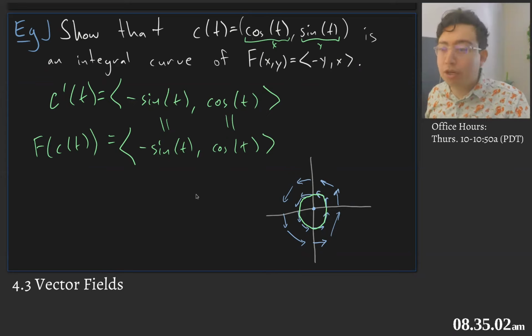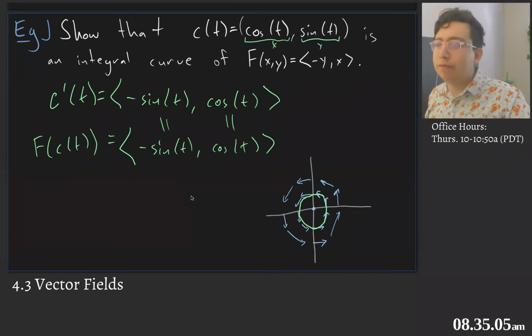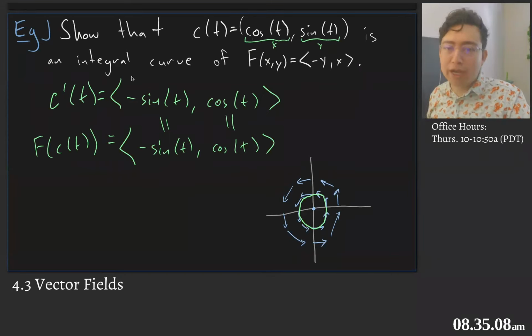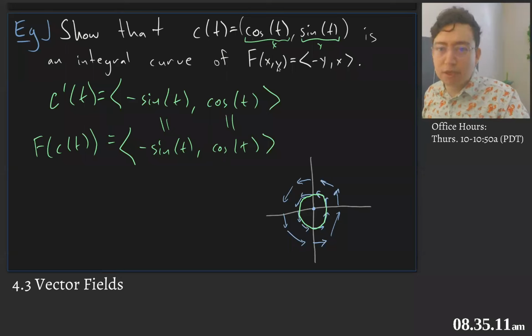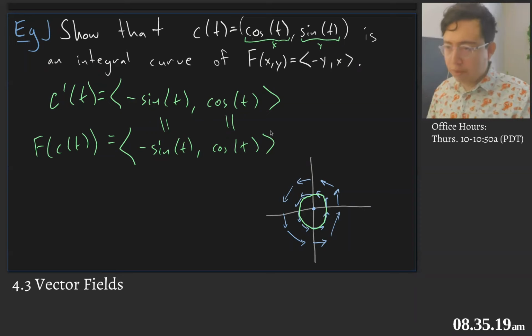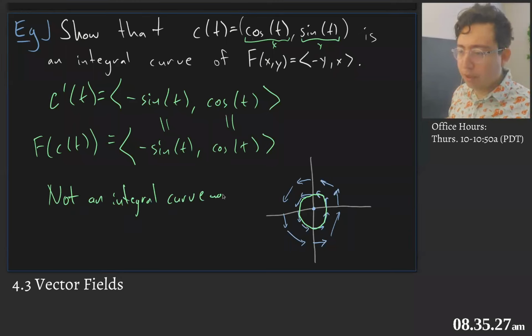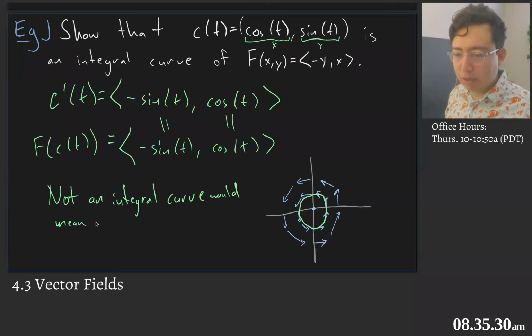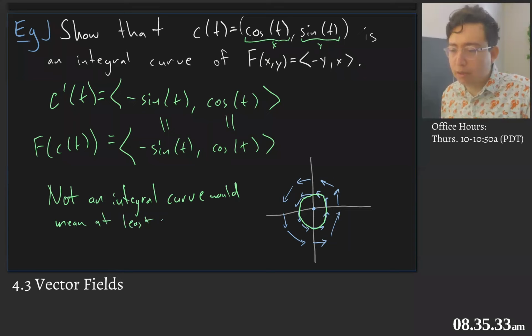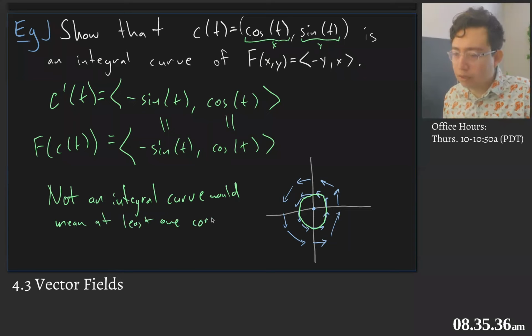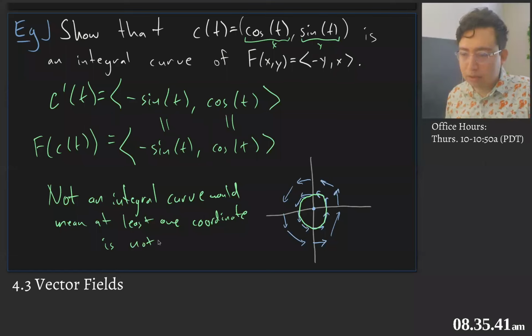So if we want to show that a curve is not the flow line or the integral curve for a vector field, we do the same process, but we only need one of them to be not equal. So if it's not an integral curve, that would mean at least one coordinate is not equal.